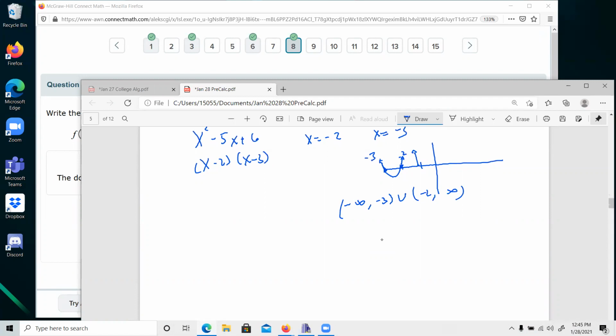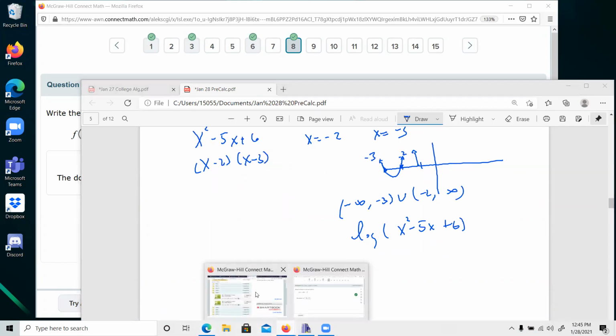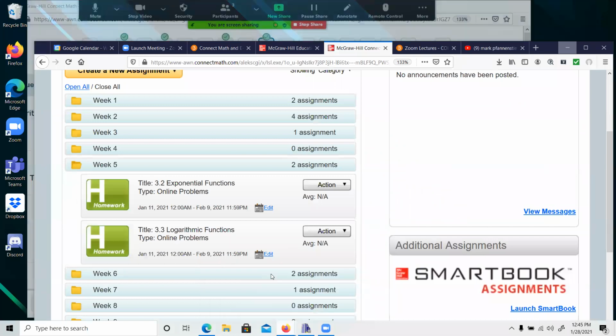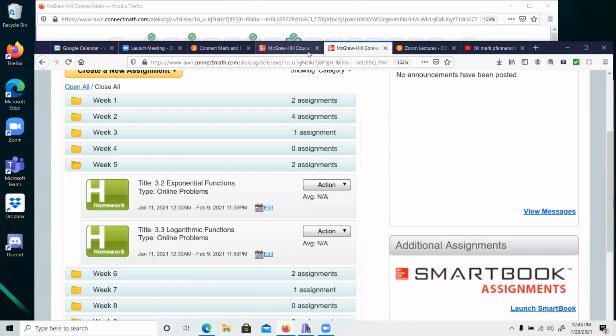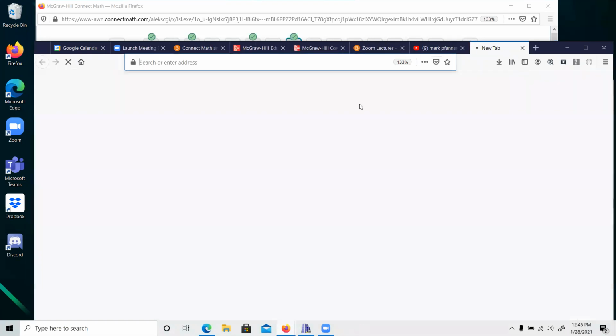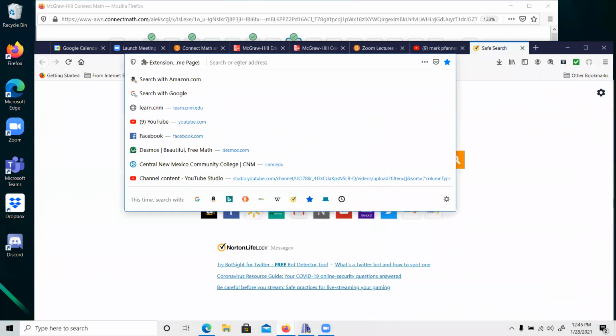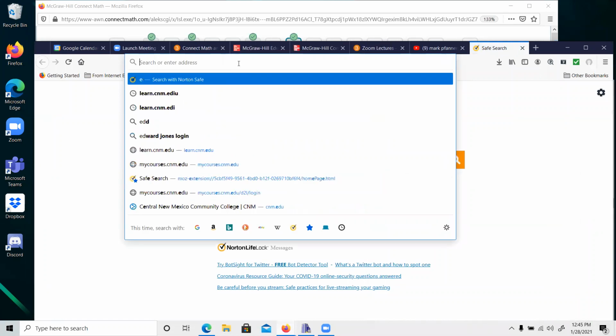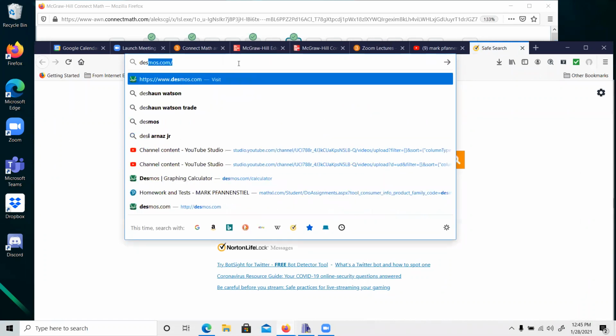All right. So if we had to do a logarithm of x squared minus 5x plus 6, let me show you. Okay, we'll do Desmos. There we go.